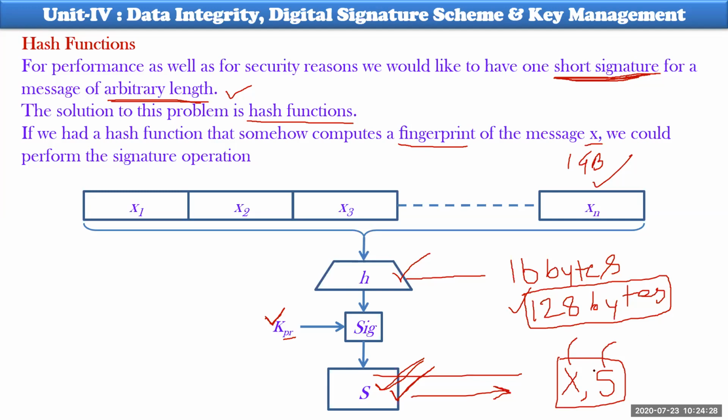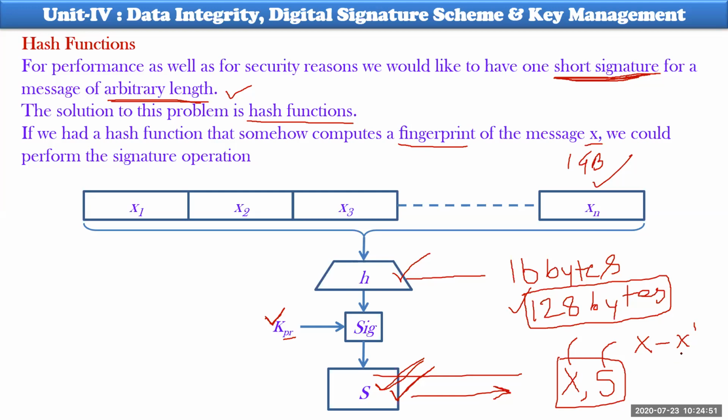He might change X to X prime, making some changes on X, but he could not change this S value because it is actually the output of hashing. It could not be changed.